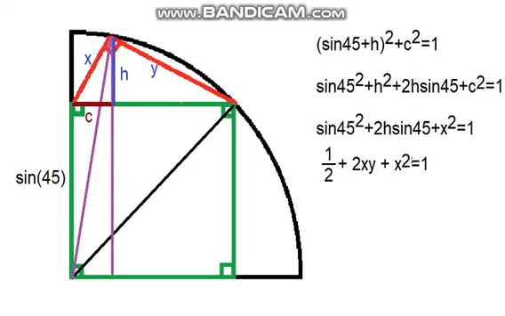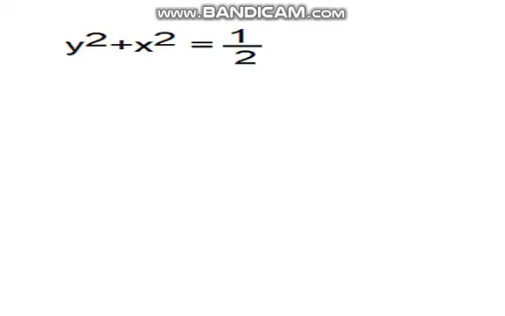And let's go next. Times everything by 2, and move y out from here. Well, now we still remember x squared plus y squared is sine 45 squared, which is 1 over 2. Still remember this, yes?